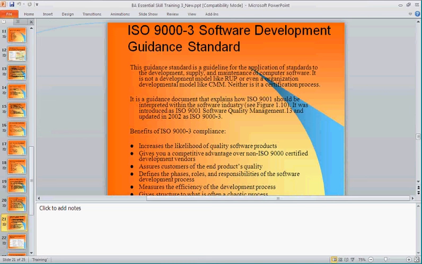For example, one of the ISO standards is that when you make database changes, at first there must be an approved request. No one can make database changes without an approved request. So you must have proper approvals for it.